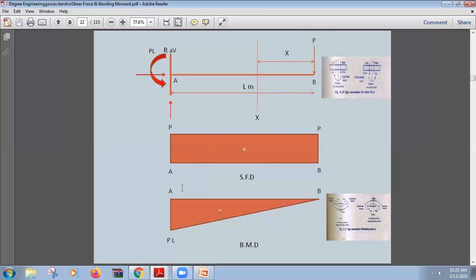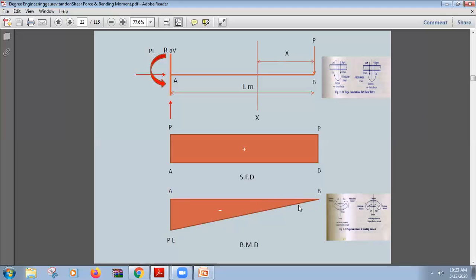We'll represent 50 Newton meter accordingly, and we have assumed 1 Newton meter is equal to 1 millimeter. So we have taken a vertical line of 50 millimeter from A, perpendicular to AB, and we will join point B to this point.